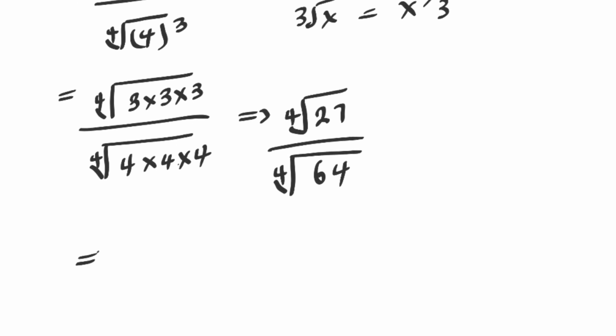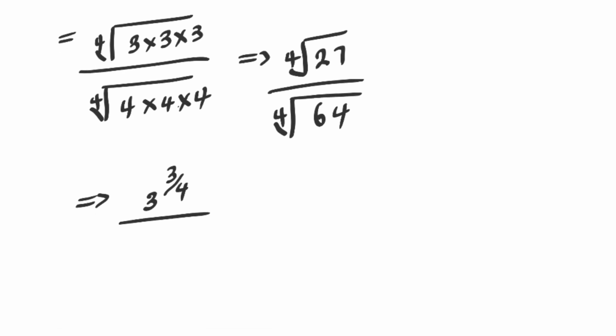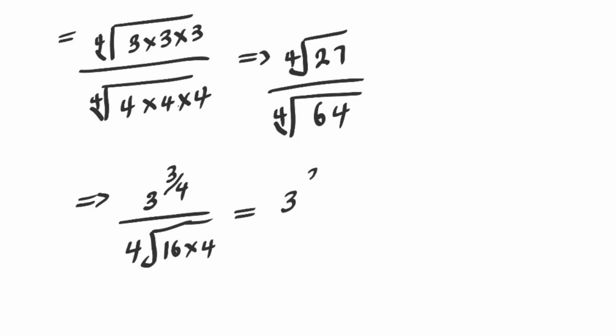This is the same thing as the fourth root of 27, which can be written as 3 raised to the power 3/4, over the fourth root of 64, which can be written as the fourth root of 16 multiplied by 4. This is equal to 3 raised to the power 3/4 over the fourth root of 16 multiplied by the fourth root of 4.